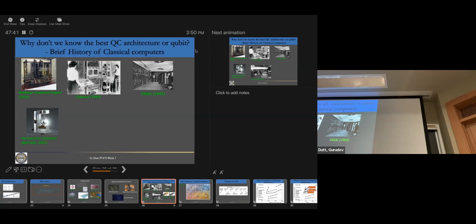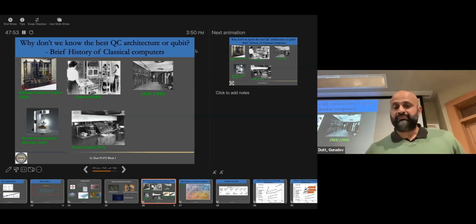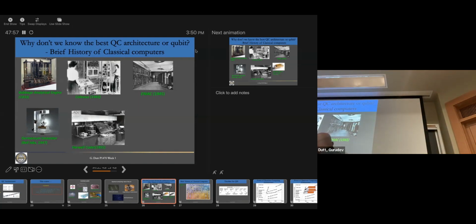In case you don't know, the first transistor was invented in a material that we no longer use for transistors. It was invented in germanium, and as you know, most of our processors are silicon-based. Then this is, I think, the first microcomputer that was created with those germanium transistors, Harwell CADET in 1955.